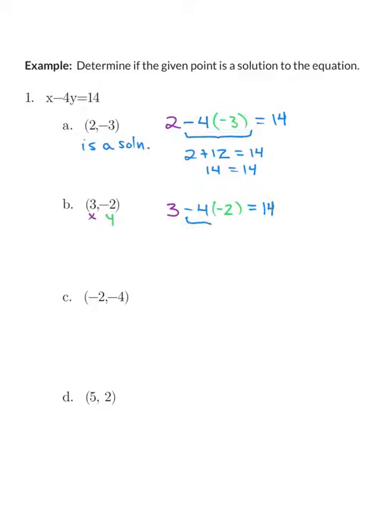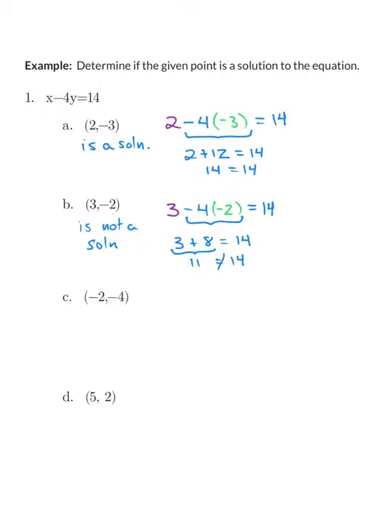Same thing again. I want to multiply -4 and -2, we get plus 8. Well, 3 plus 8 is 11, and is 11 equal to 14? No. And so (3, -2) is not a solution.